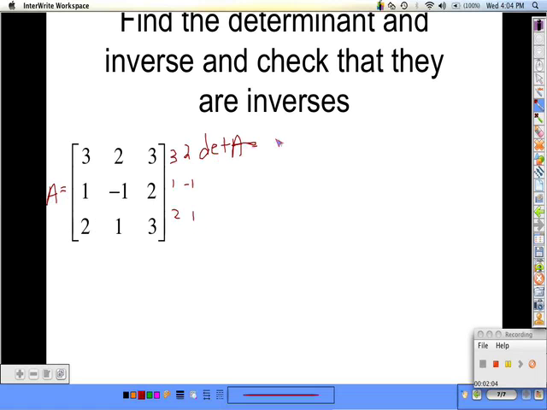So the determinant would be negative 3 plus 2 times 2 times 2 is 8 plus 3 times 1 times 1 is 3. Those are my three downward diagonals minus my upward diagonals. Negative 6, 6, and 6. So what I have is 8 minus 6, or 2. And I can double check this in my graphing calculator.